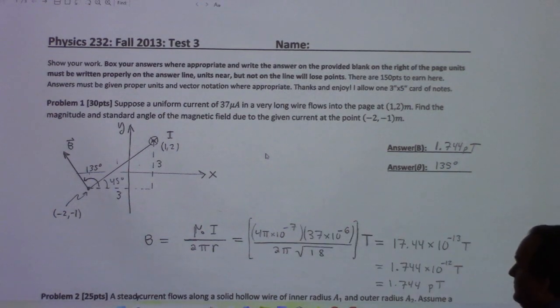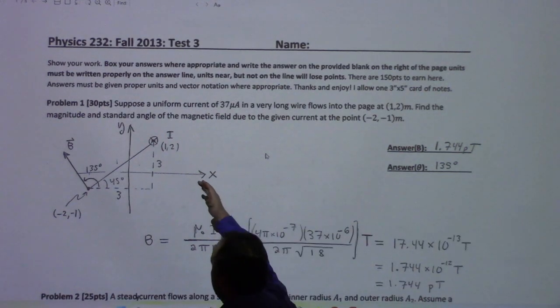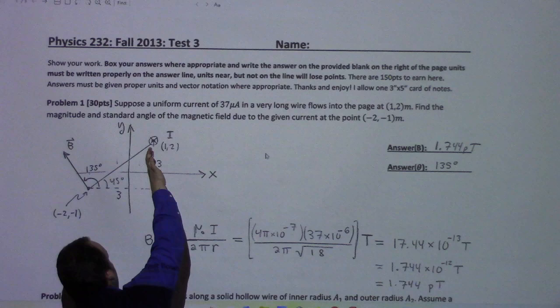Okay, so you've got a uniform current of 37 microamps in a very long wire flowing into the page at (1, 2). Find the magnitude and standard angle of the magnetic field due to the current at the point (-2, 1) meters. So the way this works is the current is flowing into the page here, right?